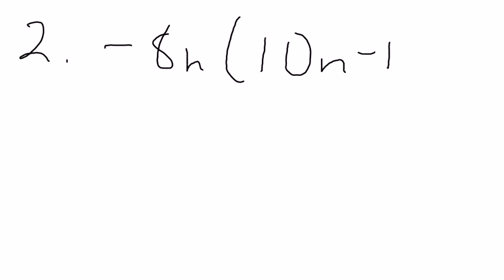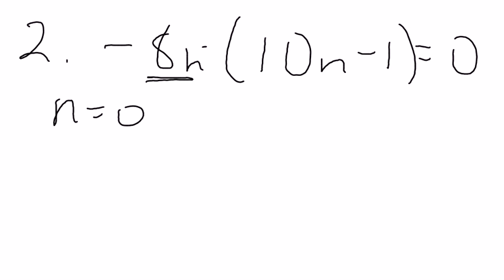Okay? Now, number 2, we have negative 8n times 10n minus 1 equals 0. So again, what values of n will give us 0? We multiply here, right? So for negative 8n to equal 0, n would just need to be 0.